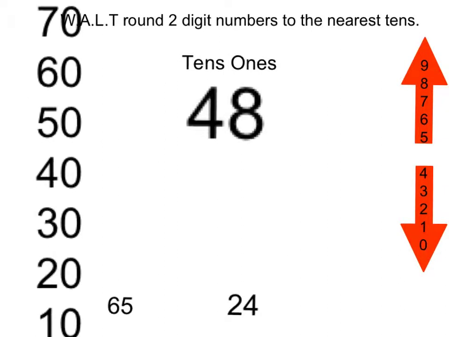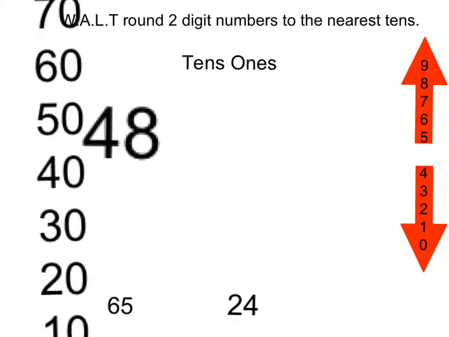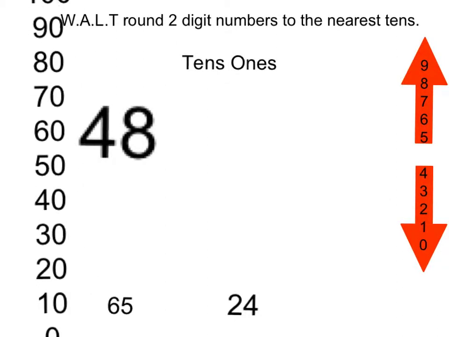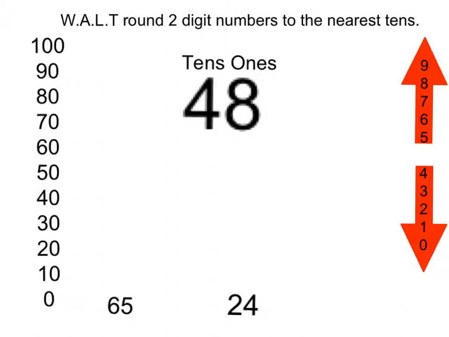If I zoom this up a little bit and move this over, 48 is going to fit in somewhere around about here, isn't it? And you might already be able to tell that 48 is closer to 50 than it is to 40. So 48, yes, we would round it up to 50.